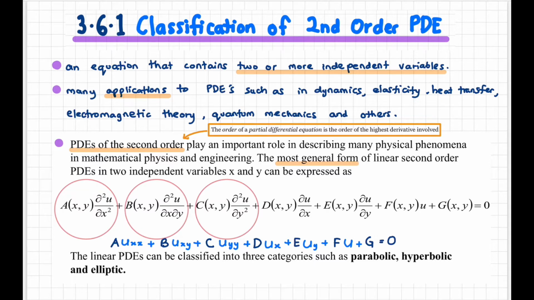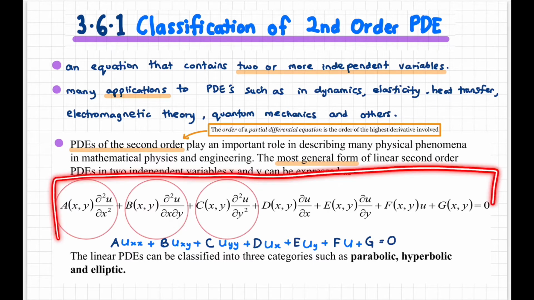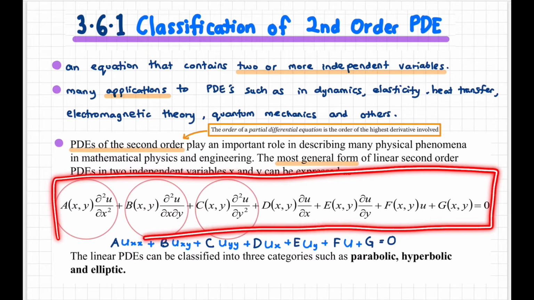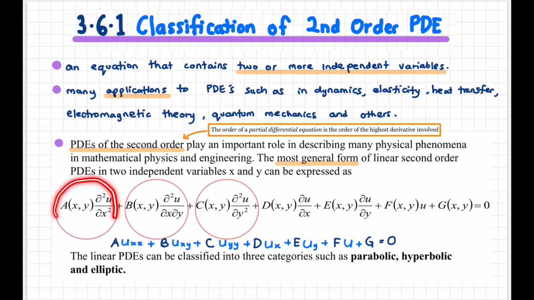The most general form of linear second order PDEs in two independent variables x and y can be expressed as follows. This is the general form of the second order PDE: A ∂²u/∂x², B ∂²u/∂x∂y, plus C ∂²u/∂y², and the rest.